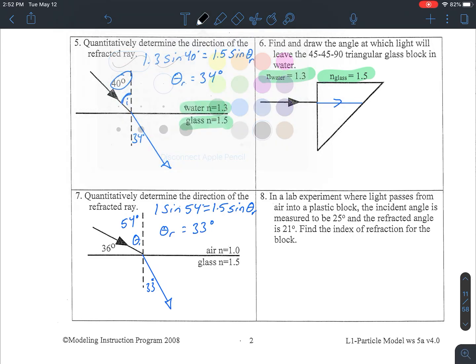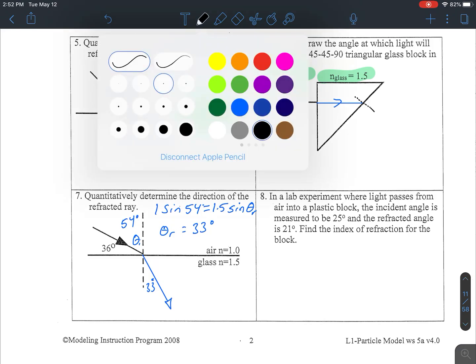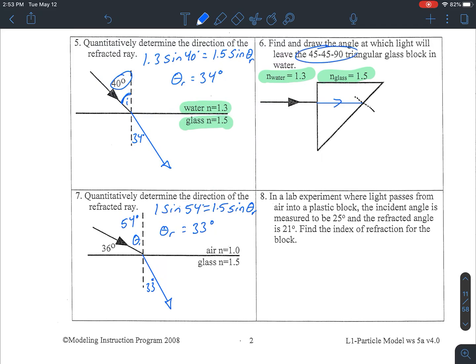Now what we're looking at is it bending when it comes out of this triangle or prism. So if that's our normal line, the problem is we don't have any angles, but we do know that it is a 45, 45, 90 triangle.